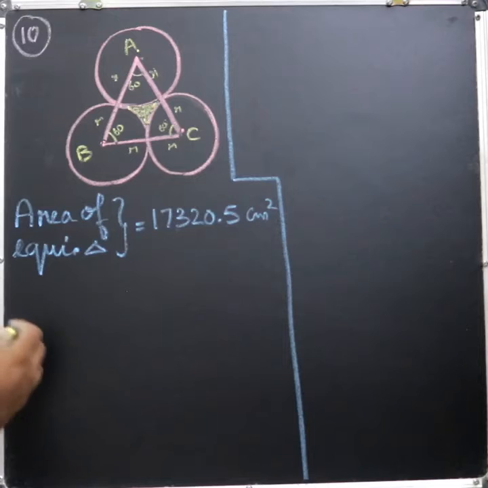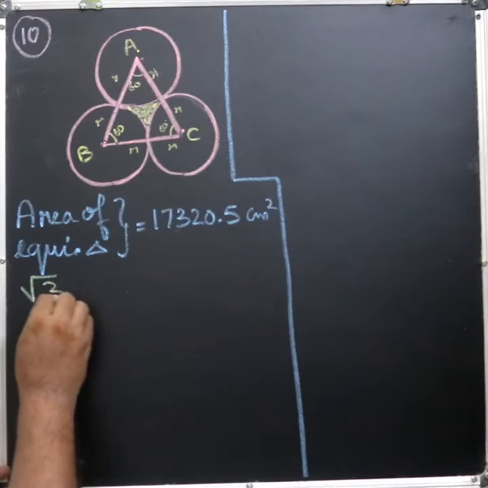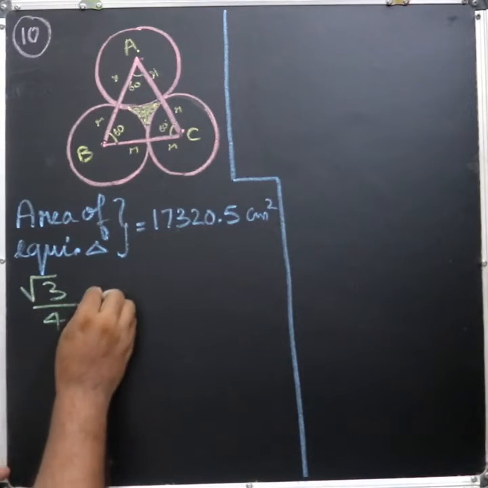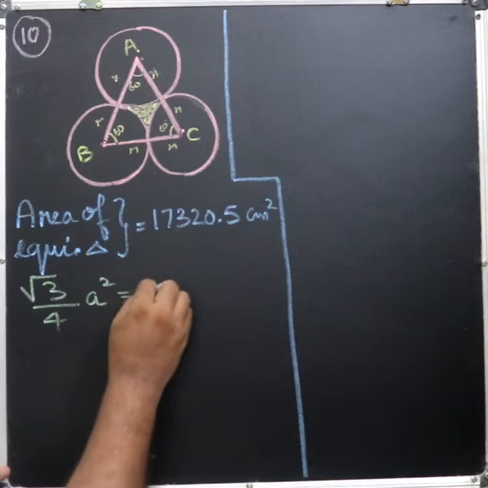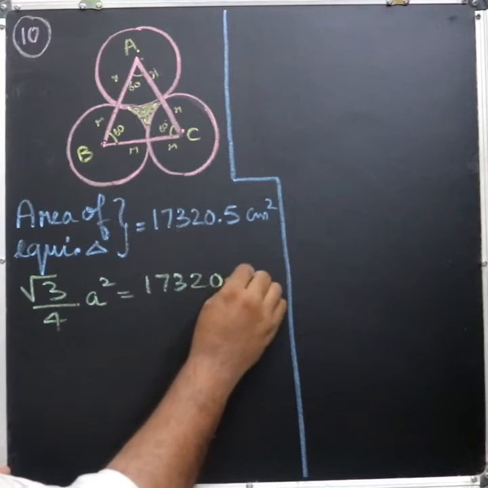So first we have to find out the side of the equilateral triangle. They have given the area. You know that the formula to find the area of an equilateral triangle is root 3 by 4 a squared equal to 17320.5.